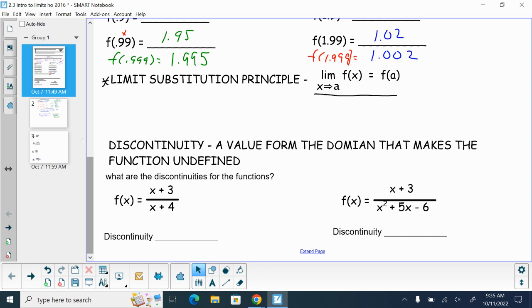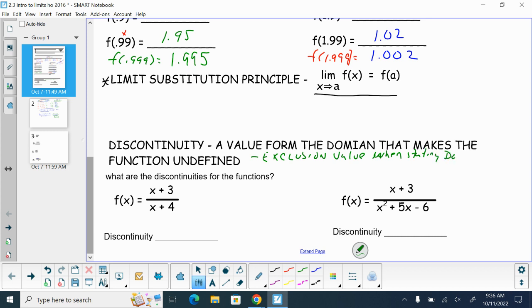It is your exclusion value when you're stating the domain. What can x not equal? It can't equal this because it makes the function undefined. These are the ideas of discontinuities.